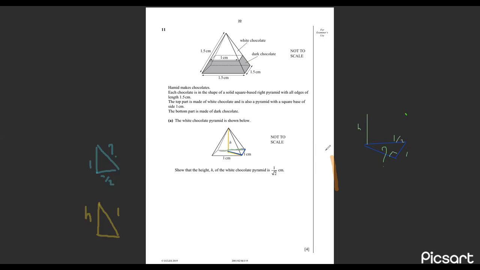This is a midpoint. So if we need to get this, let's call it x. So x would be equal to the square root of 1 squared minus half squared, which equals root 3 over 2.